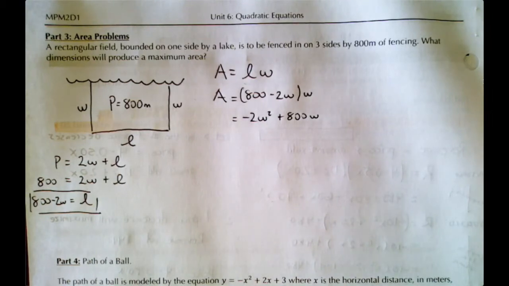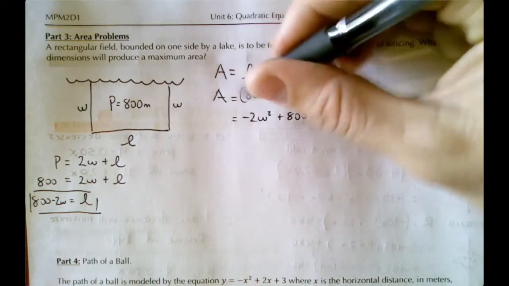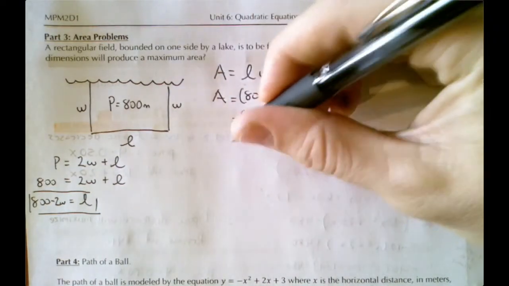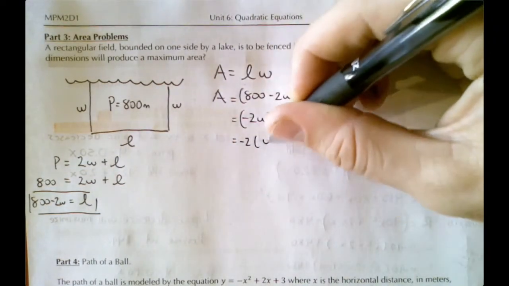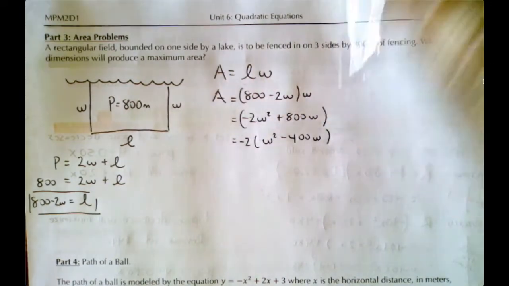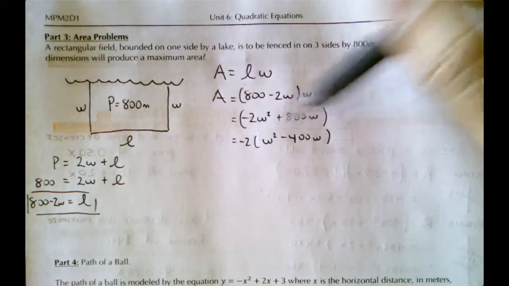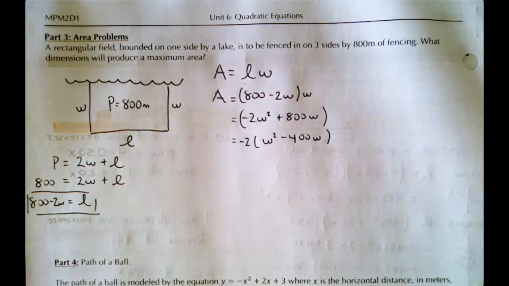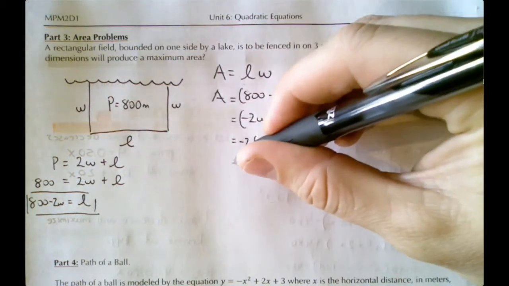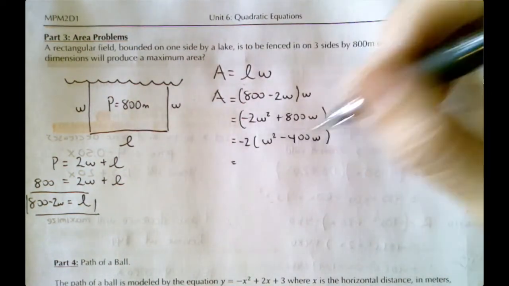And now to complete the square, we group the first 2 terms and common factor the negative 2. Now, it's key we don't common factor the W as well, just the number in front. And then we take this 40, divide it by 2, and square it. Divided by 2, we get 20.